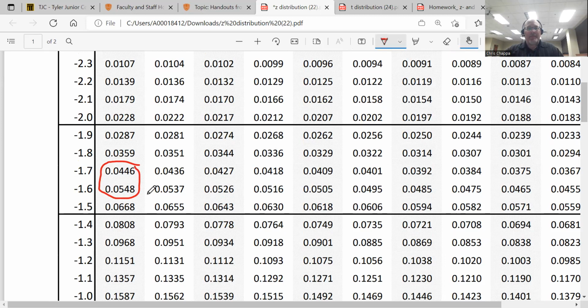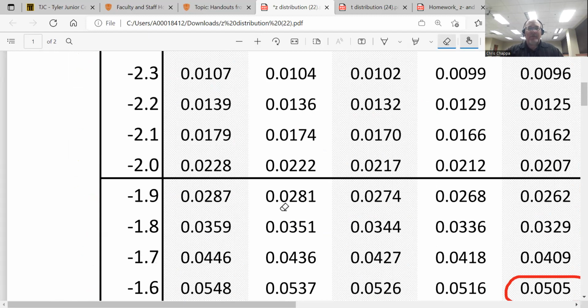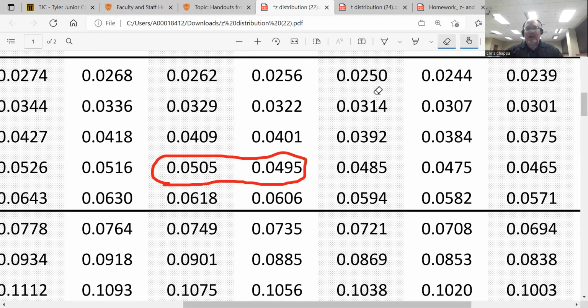On the front page, the areas are decreasing from left to right. And so if we start on the negative 1.6 row and go across, here's 505, there's 495. 500 lives between these two. But which one is 500 closest to? And again, I'm ignoring the decimals. 505 or 495?